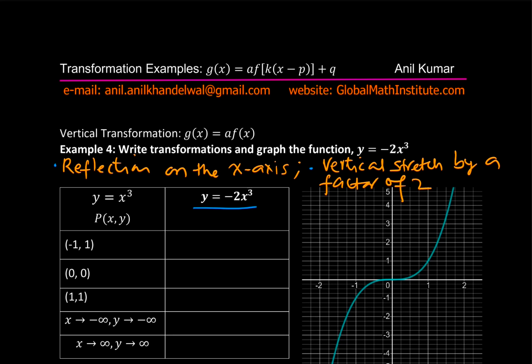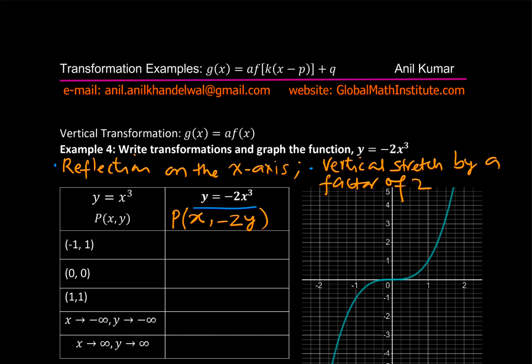So these are the two transformations which will take place on the given function, which is y equals minus 2x cubed. Now because of this transformation, each point on the graph will change: the y values will change, the x value remains the same. So x will remain same, y becomes minus 2 times the original y value. For a cubic function, these are your key points as discussed earlier in our video on parent functions.